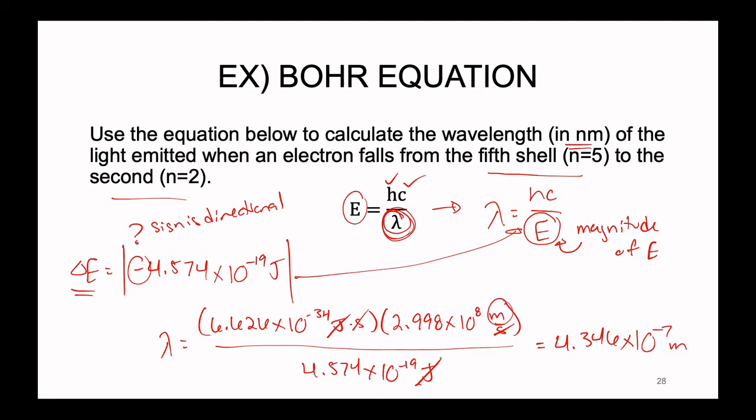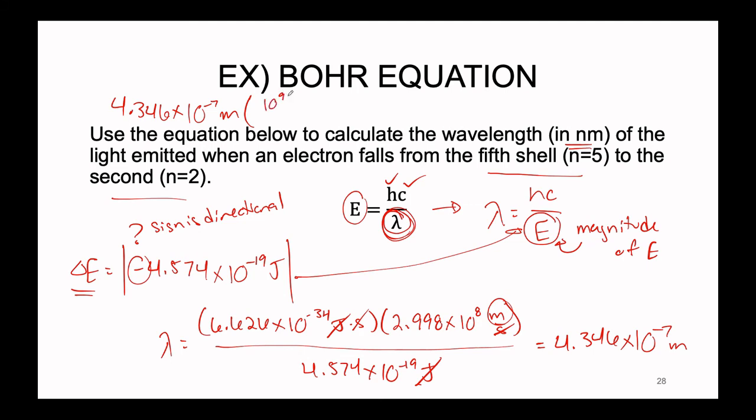Now, we were asked to find this wavelength in nanometers. The reason being, again, is this is going to give us a more direct observation of where it falls in the visible spectrum. So I'm going to take this number, and I'm going to move my calculations up here because I'm running out of space. I write too big sometimes. 4.346 times 10 to the negative 7 meters. And we are going to convert this into nanometers using the conversion of 10 to the 9.